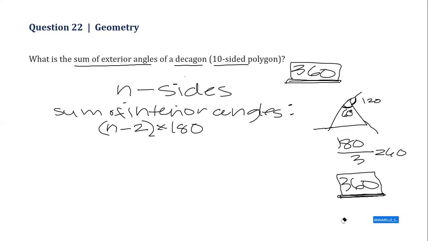Oh, okay. Thanks, Miss. So if the polygon has 8 or 9 sides, the sum of exterior angles is still going to be 360. Okay, Miss, thank you. Any more questions? No questions, teacher. Okay, so no questions.